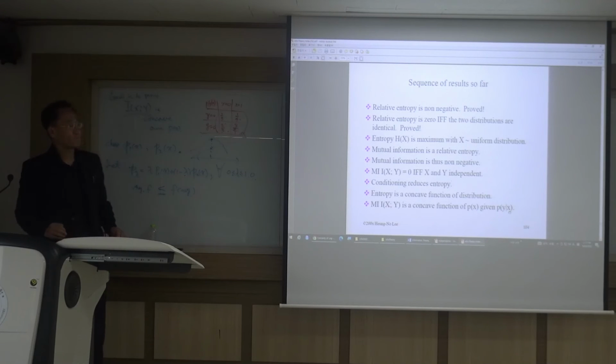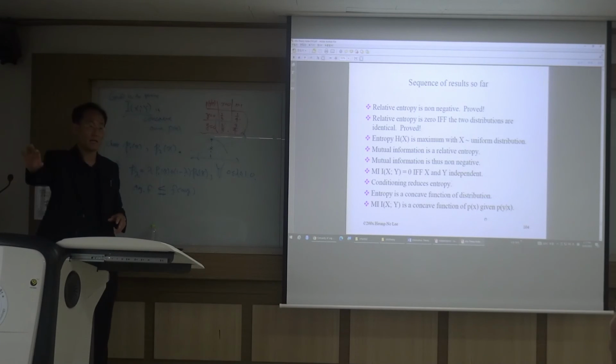And I can ask you another proof, let's say this one. I can ask you if this mutual information is concave function of p y given x, given p x.